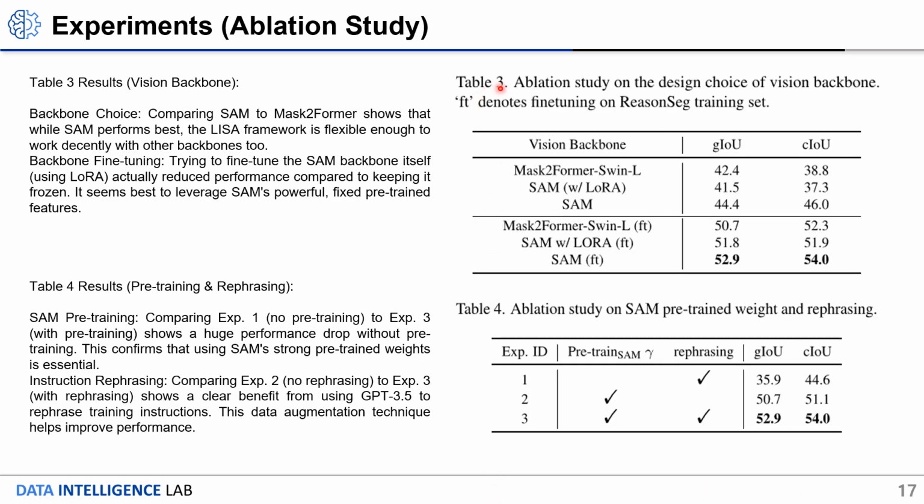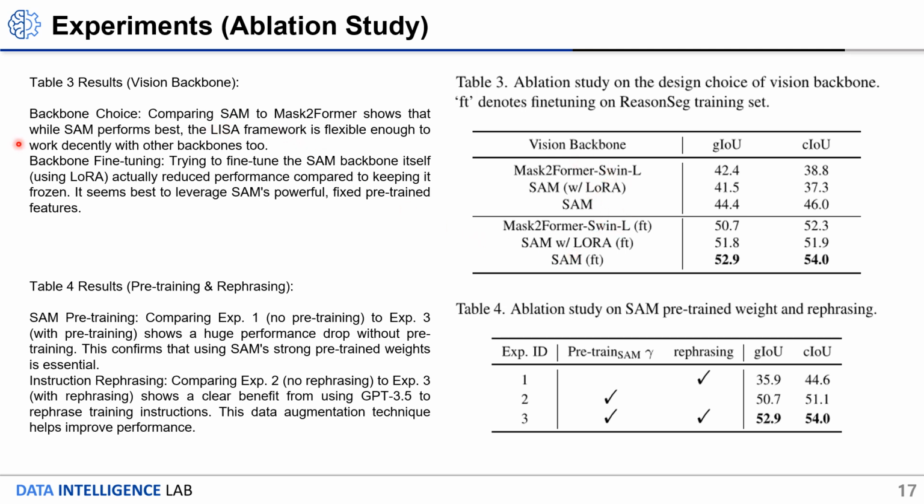Okay, so this is table 3 and 4. This table shows results from the ablation studies, where they tested the impact of different components and training choices. Now the table 3 results are about the vision backbone choice, comparing SAM to Mask2Former.